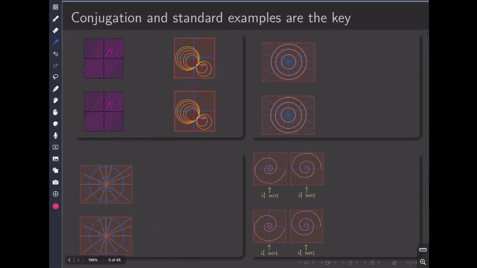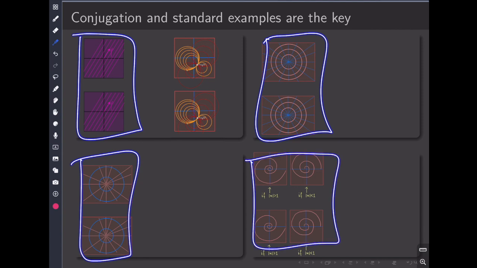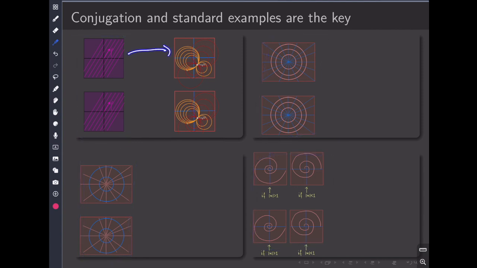And now also, to study the geometry of arbitrary Möbius transformations, the two key ingredients were conjugation in MÖB and the standard examples, and that every Möbius transformation is conjugate in MÖB plus C to a standard example, because then it suffices to analyze the geometric behavior in the standard examples, and then we know that the conjugating transformation lives in MÖBC, so it's conformal and it sends circles to circles and preserves angles.